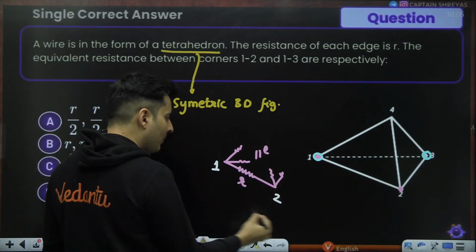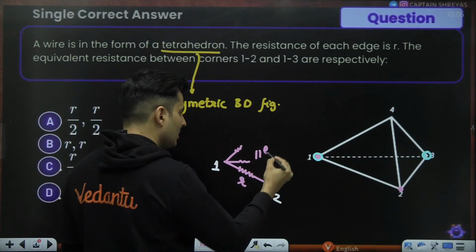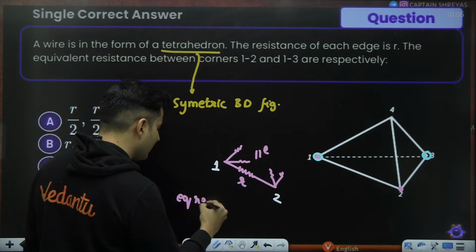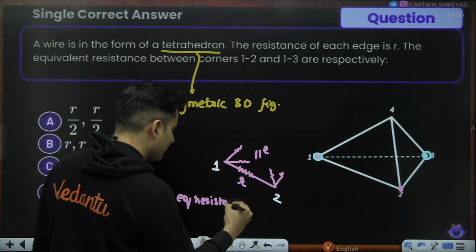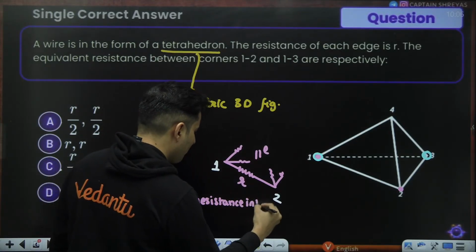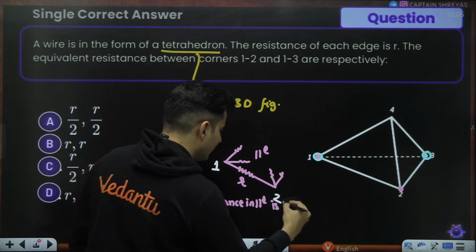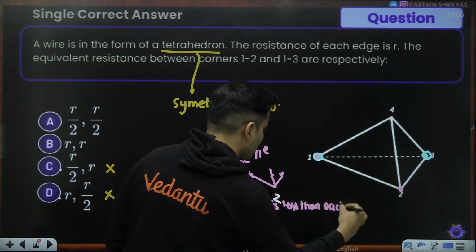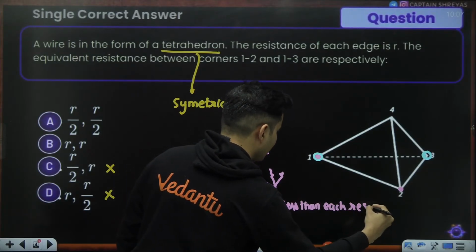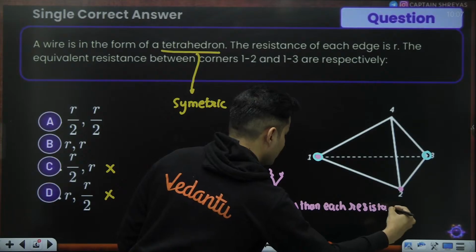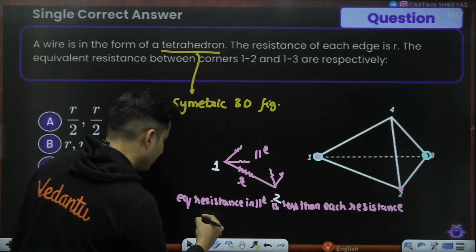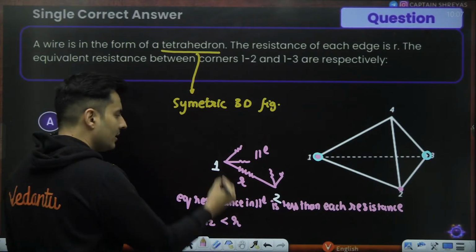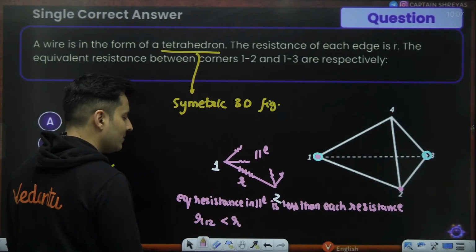And what happens in a parallel combination? The equivalent resistance in parallel is less than each resistance. That means the equivalent resistance between 1 and 2 must be less than R.